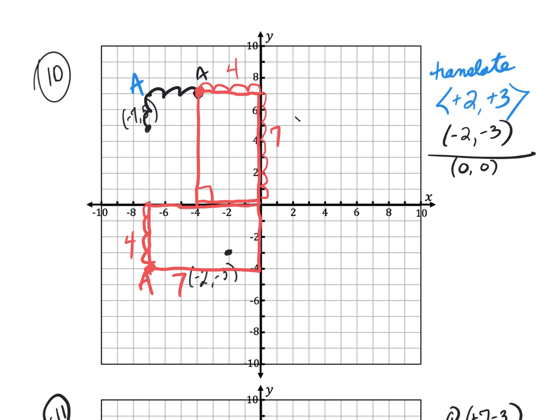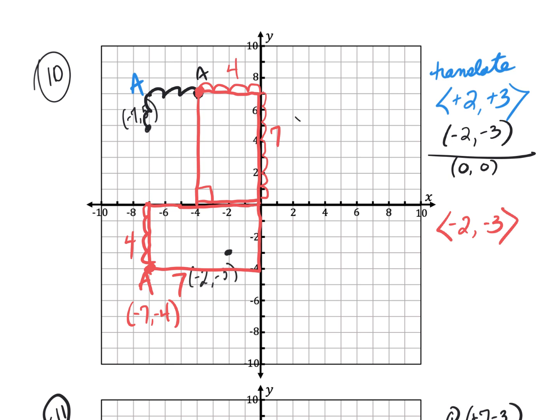Now, once I've performed my rotation about the origin, I now have to translate this new point A, which is at -7, -4, back to the -2, -3, my original point of rotation.